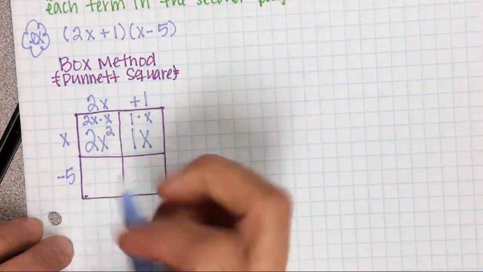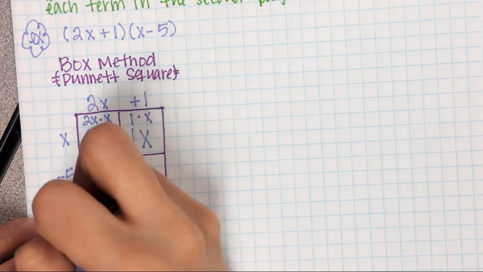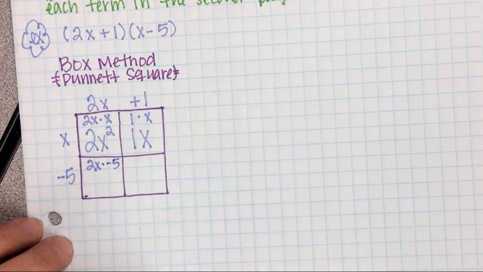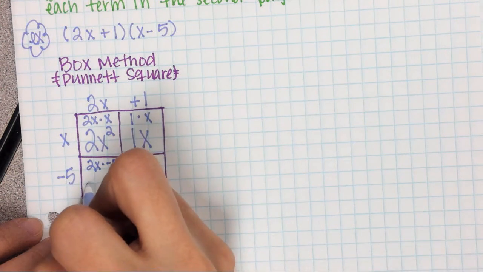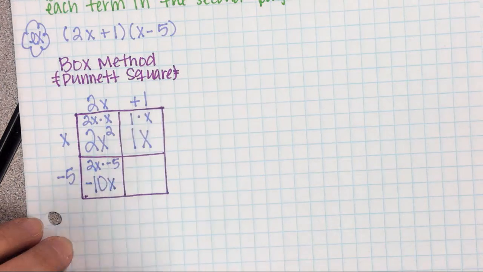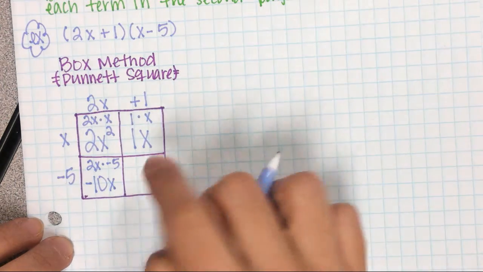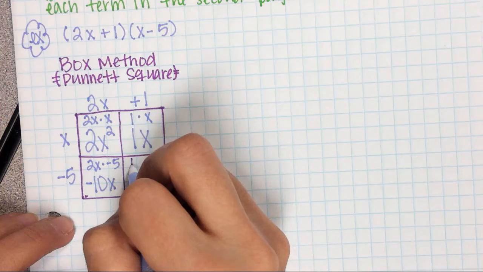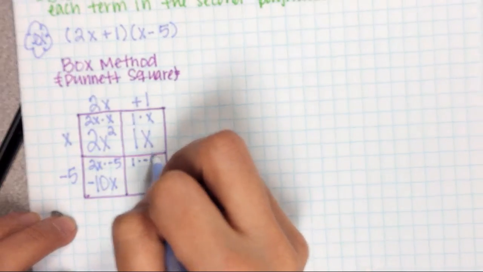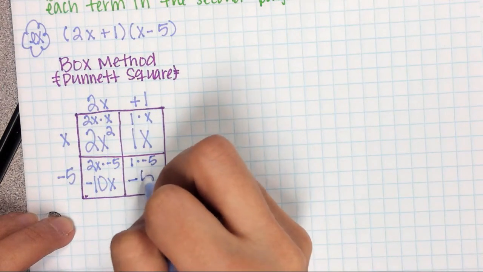In my bottom box, I have 2x times negative 5. 2x times negative 5, negative 10x. And in my bottom right box, 1 times negative 5, which in this case is negative 5.